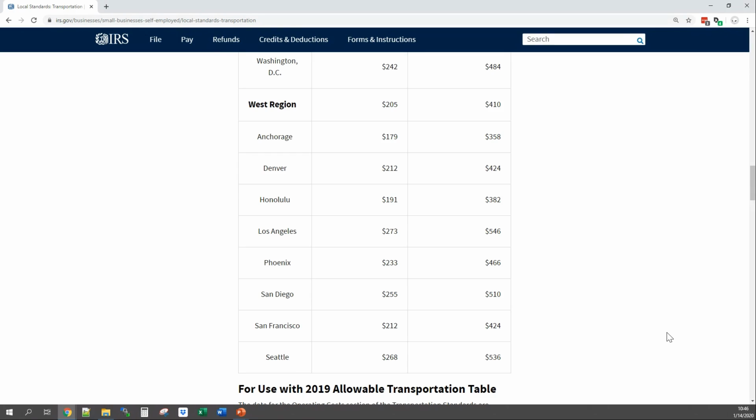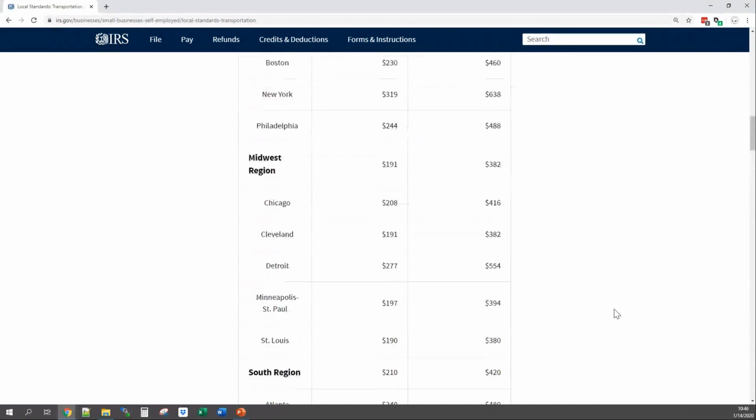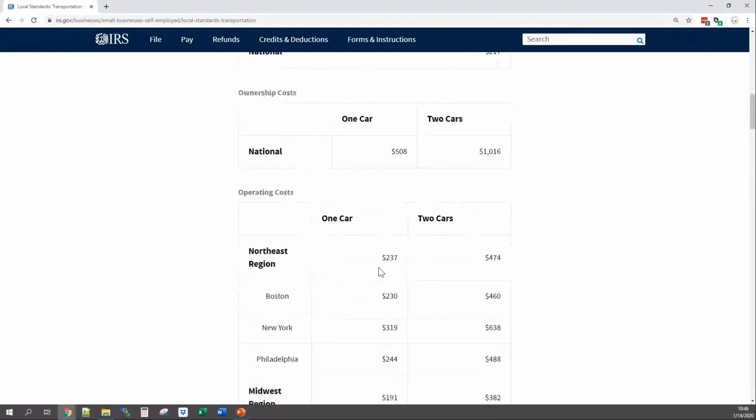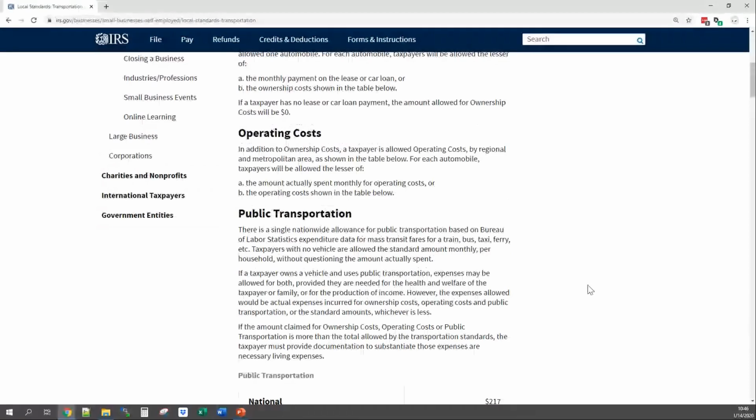Under the rules in the IRM, a taxpayer is only allowed to claim what they actually spend. They are not allowed to claim the full operating cost allowance without it being questioned, okay? It is actually even stated right here on the IRS webpage that contains these numbers.